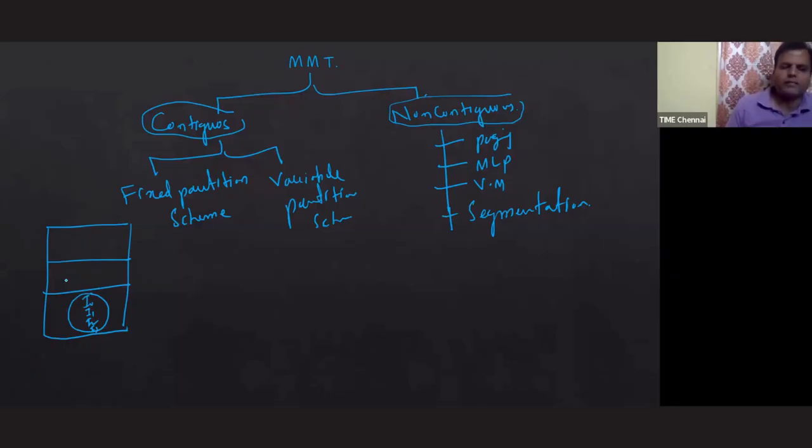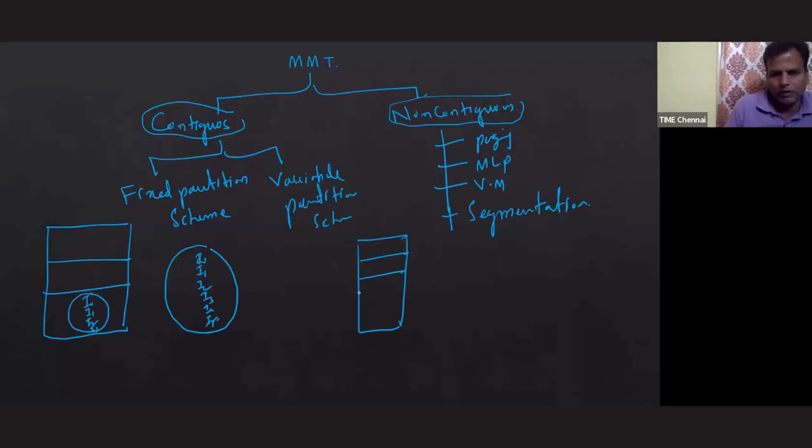Okay, fine. So that means, sir, non-contiguous means all the instructions related to the process are not available in one location of the main memory. Is it correct? The answer is yes. Let's see here.